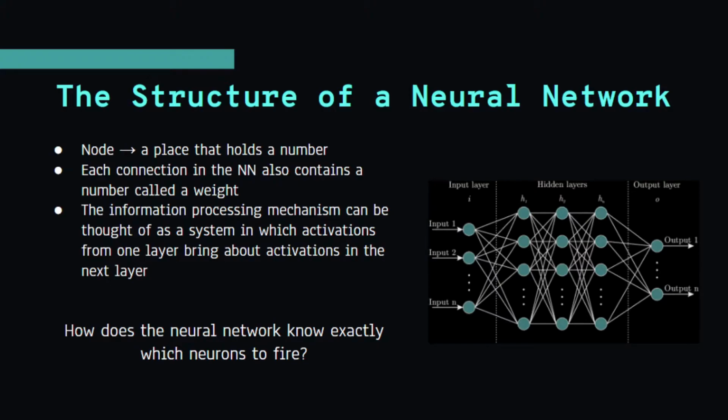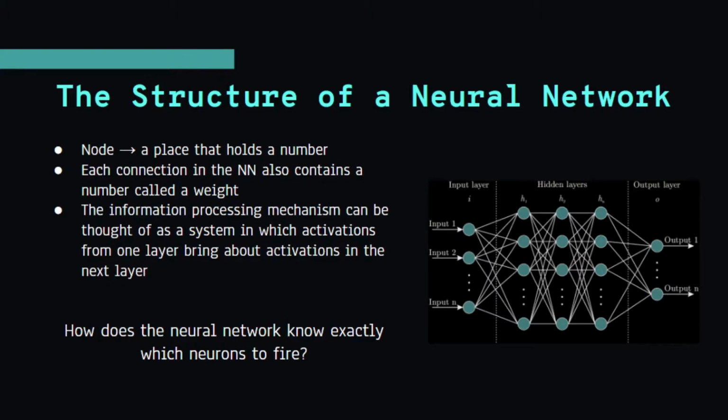So the information processing mechanism, the neural network, can be thought of as a system in which activations from one layer bring about activations in the next layer. Let's say several nodes are activated in the input layer, that's going to bring about the activations of several nodes in the next layer, and so on and so forth, until it activates a node in the output layer. And that's going to determine our output of the neural network.